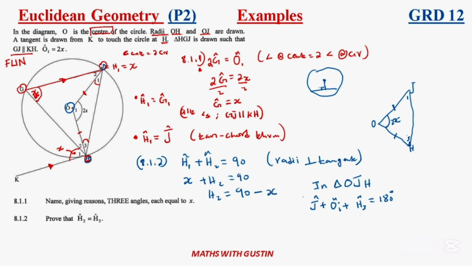But remember J1 and H3 is equal to, wait a minute. Let me substitute first J1. We are going to have 2x plus H3, which is equal to 180. So therefore J.